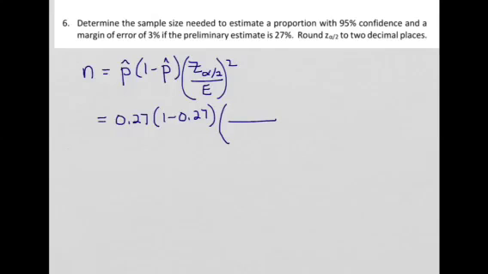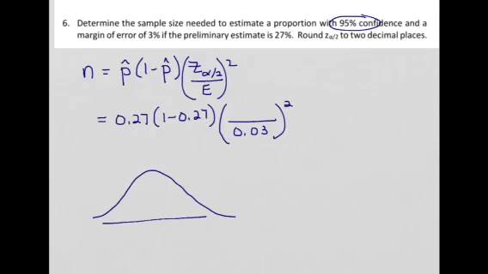Again, I'm going to have to calculate z sub alpha over 2. So margin of error is 0.03. Let me square here. So in this case we have 95% confidence. So we're going to get a different z value. 95% in the middle.